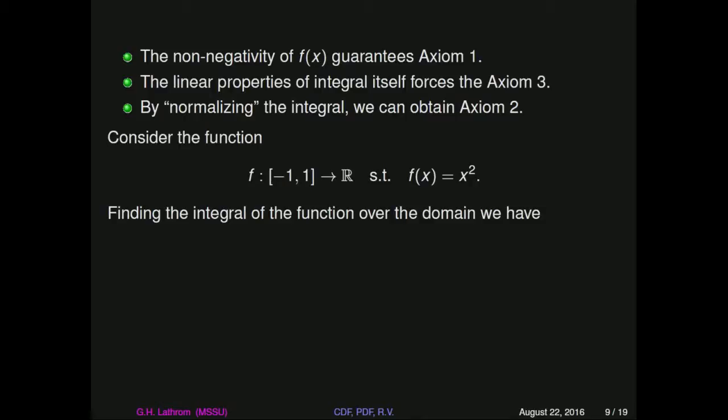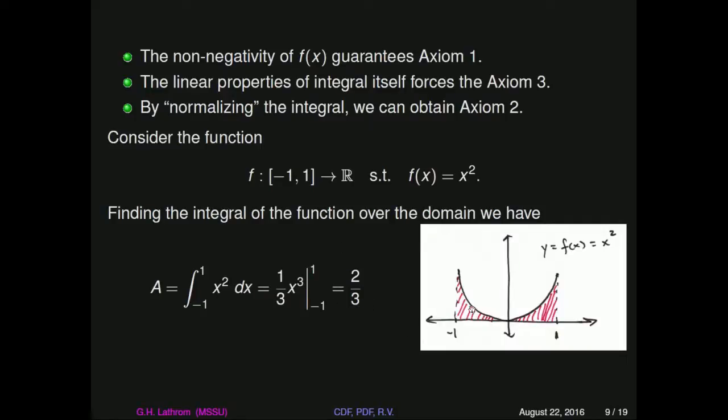Let's just take any old function. Take little f to be the map from -1 to 1 into the real numbers, where f(x) is equal to x squared. If we find the integral of the function over our entire domain, the integral from -1 to 1 of x squared dx, that gives us one third x cubed from -1 to 1. So we get a value of 2/3 for the area underneath that curve.